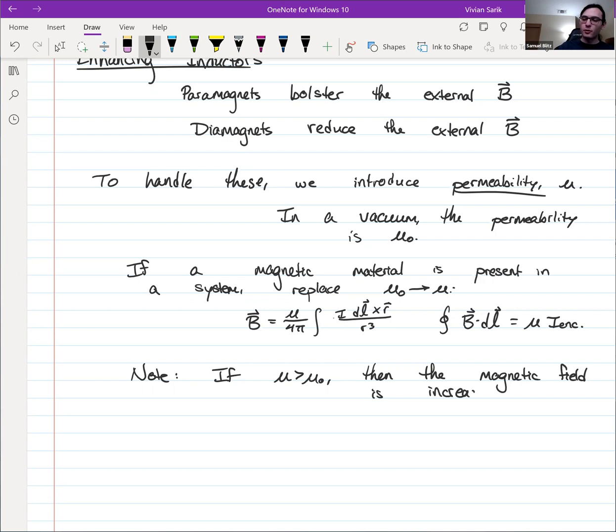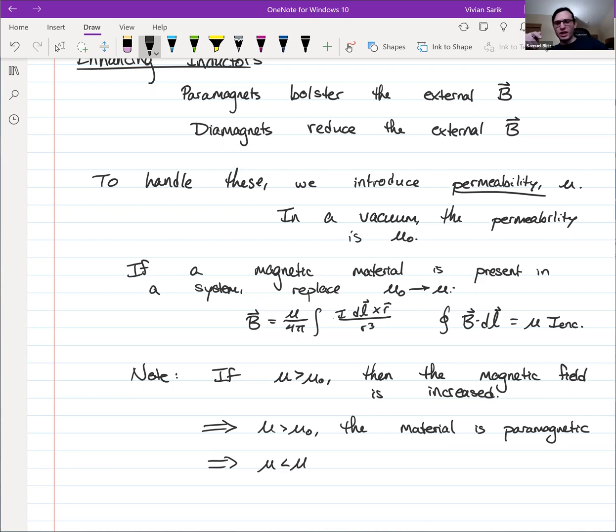And we know what that tells us. We know that paramagnetic materials increase the magnetic field because they align themselves with the magnetic field. So that implies that when mu is greater than mu naught, the material is paramagnetic. And we know that when mu is less than mu naught, for the same reasons as above, it would reduce the magnetic field. And so that would mean that the material is diamagnetic.